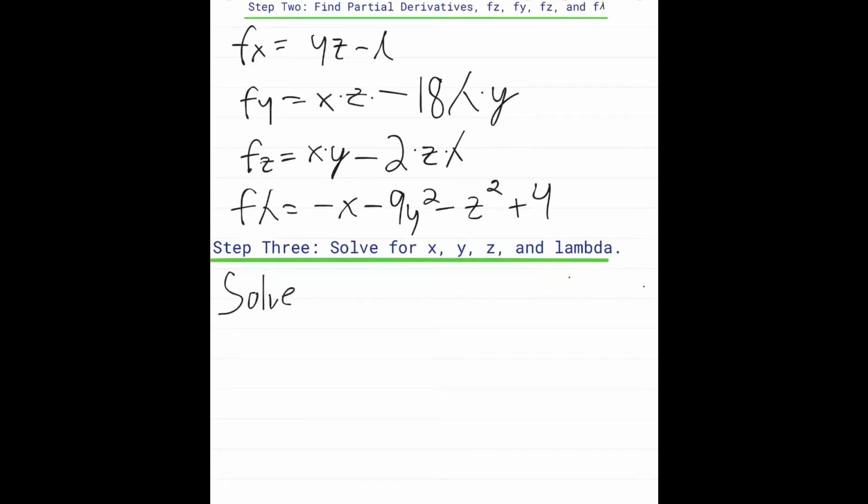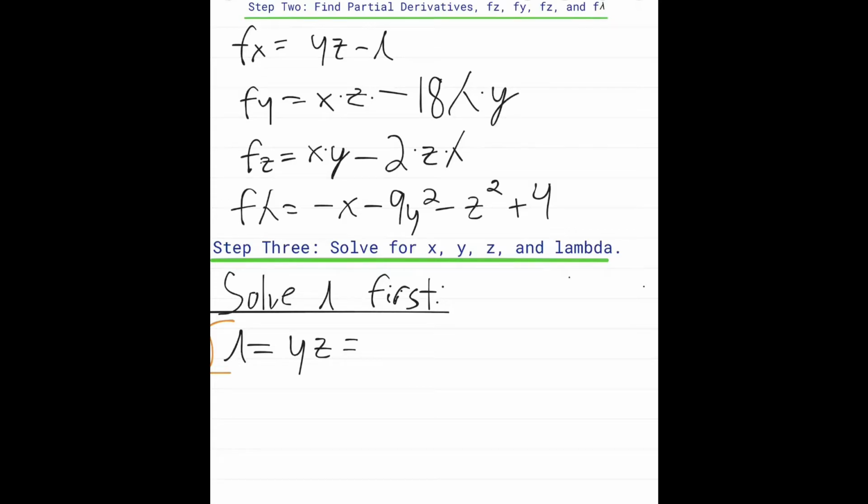So the first thing I always like to do when I'm doing these Lagrange multipliers is solve for lambda first. Why? Because for lambda you can set up a system of equalities, and then you can always come back and reference it.